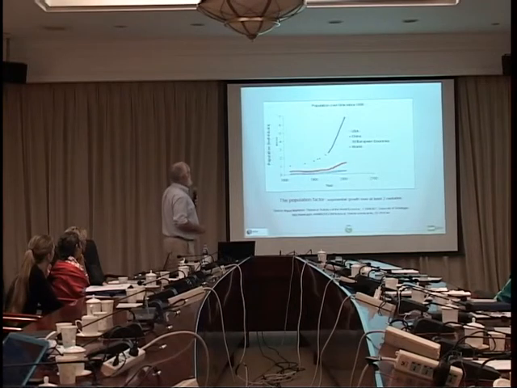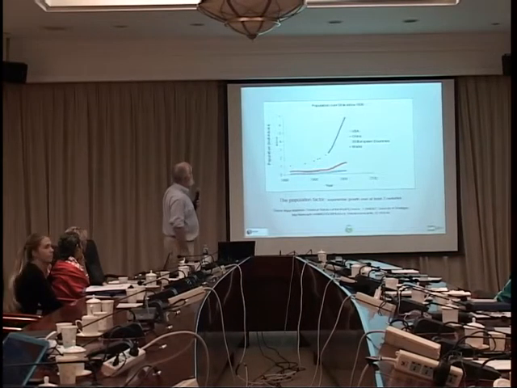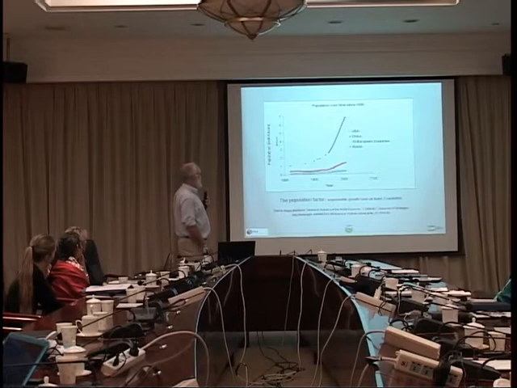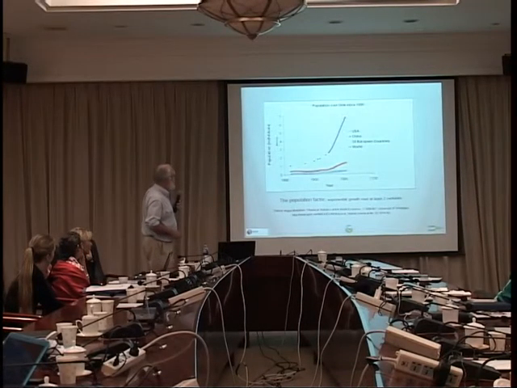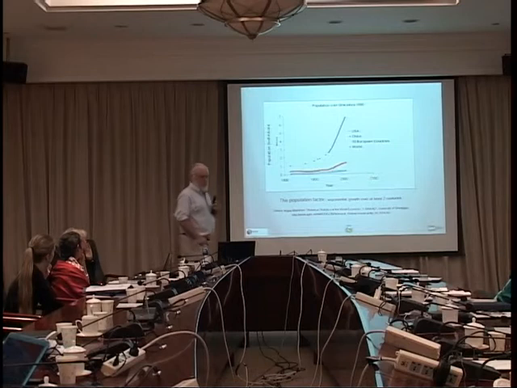On this scale, it's pretty clear that the world has been growing exponentially over that time frame, although perhaps not in the last, say, 10 to 20 years. It's still increasing steadily, and China is also increasing steadily.